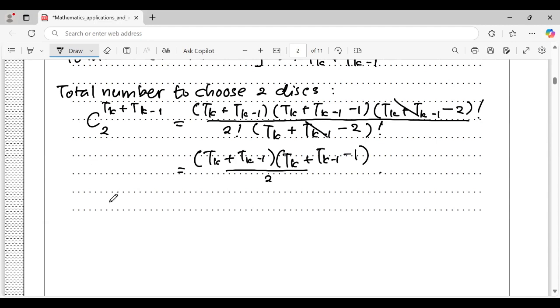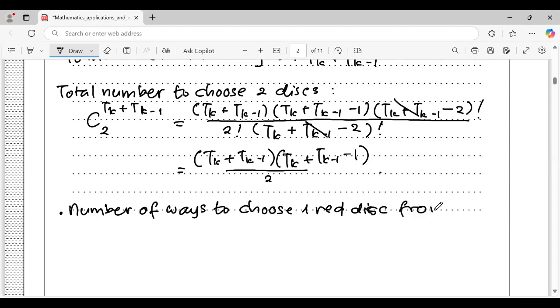And after that, the number of ways to choose one red disc from Tk red discs is the combination Tk choose 1, which is Tk.